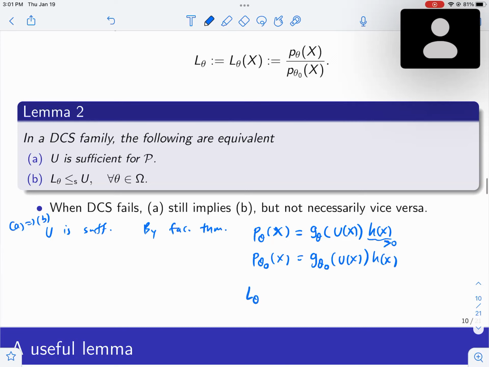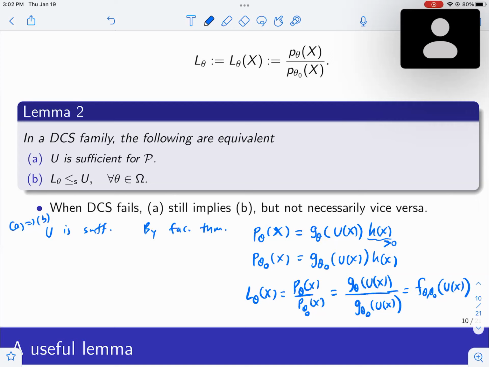Then you divide. So L theta of X is P theta of X divided by P theta naught of X, which gives G theta of U of X over G theta naught of U of X. Here theta is fixed, so this is some function, let's call it F theta. It depends on both, but it's a function of U of X. I've shown that this statistic is a function of U of X. So this property holds, and it holds for all theta separately, for fixed theta.